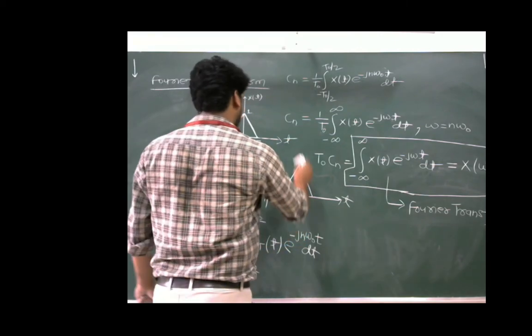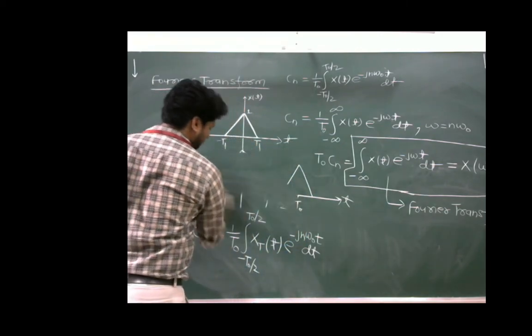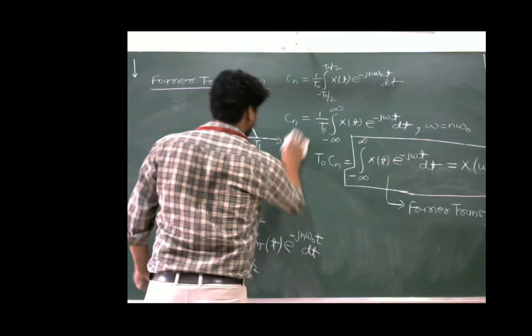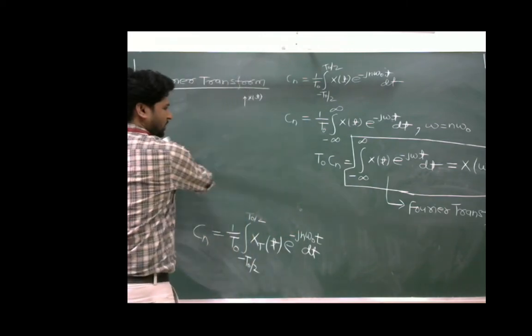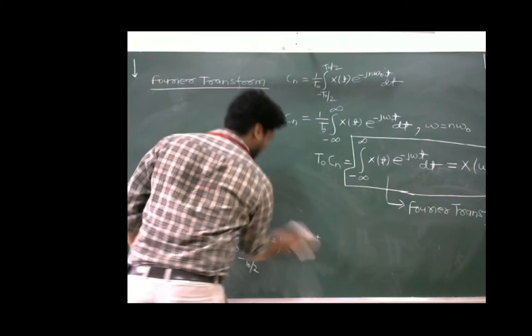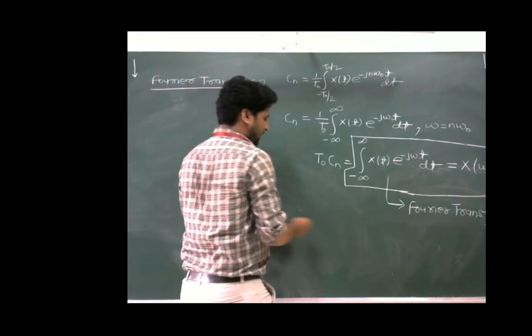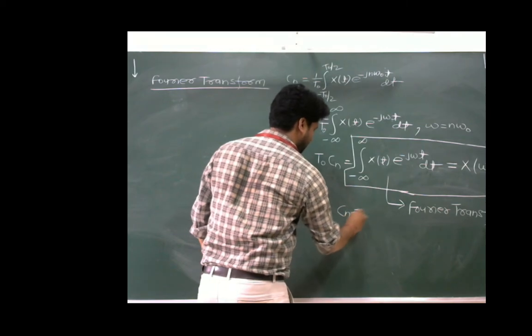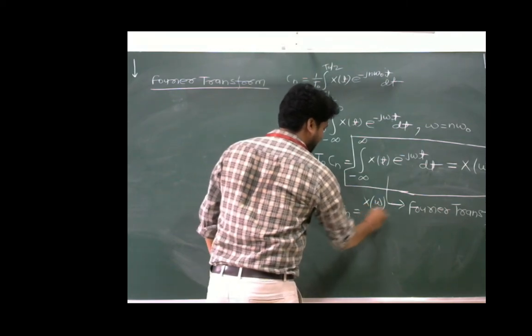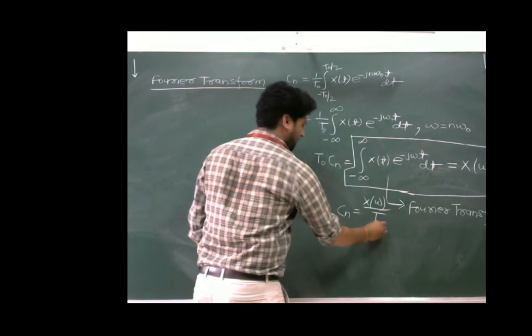Now, Cn is equal to X of omega by t naught.